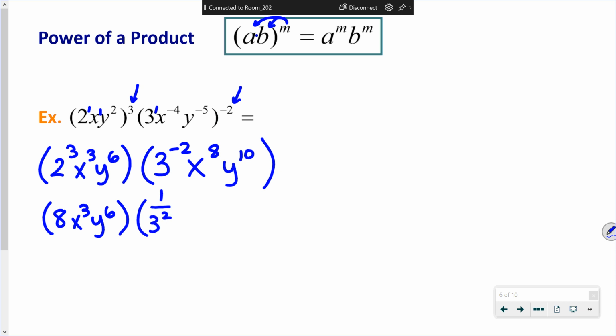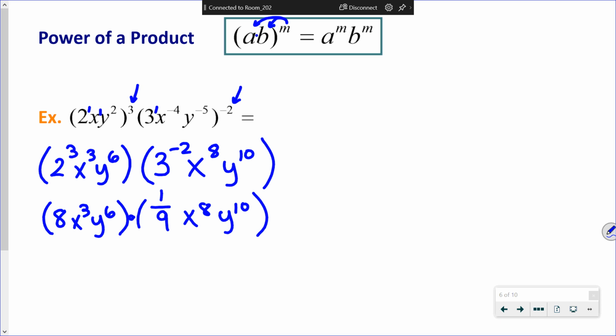We learned that on the previous slide, where if you have a negative power, you drop it to the bottom of a fraction and make it a positive power. And I know that 3 to the 2nd power is 9. So at this same step, I'm going to make this 1 over 9. And I still have this x to the 8th and y to the 10th, which are not part of the fraction, they're separate.